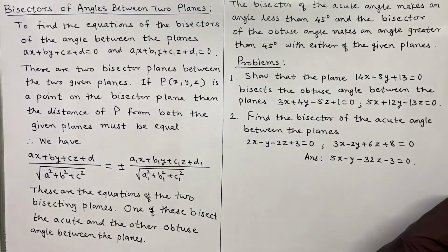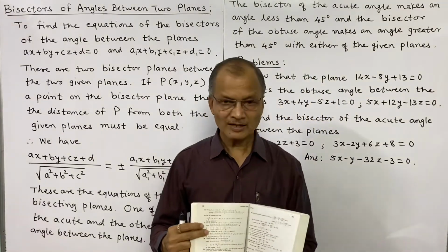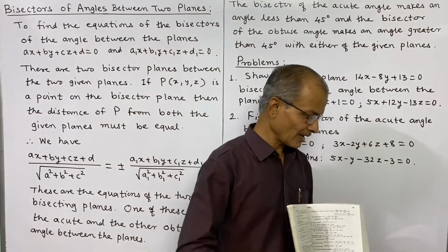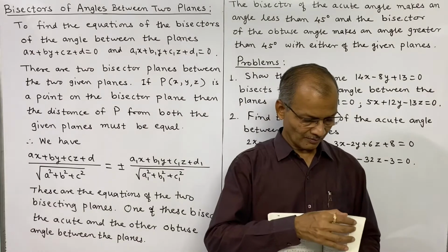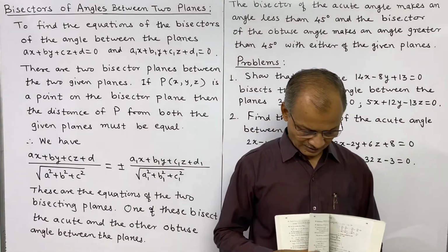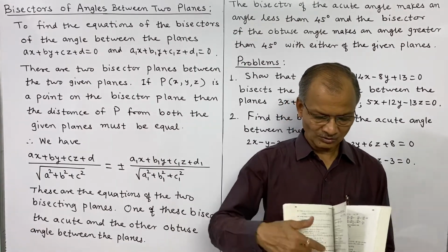You may see, if we consider this book, then these are the two planes and this is bisected by another plane that can be considered as again a page, and this is the bisector of angle between these two planes.